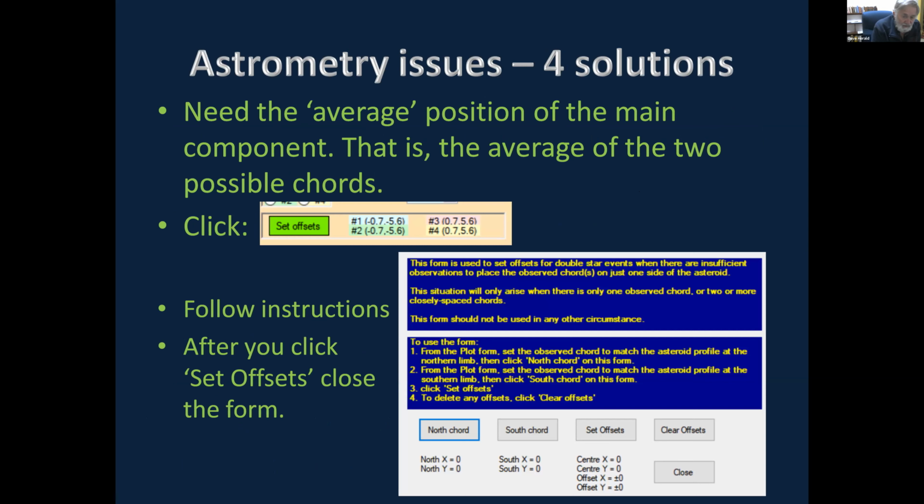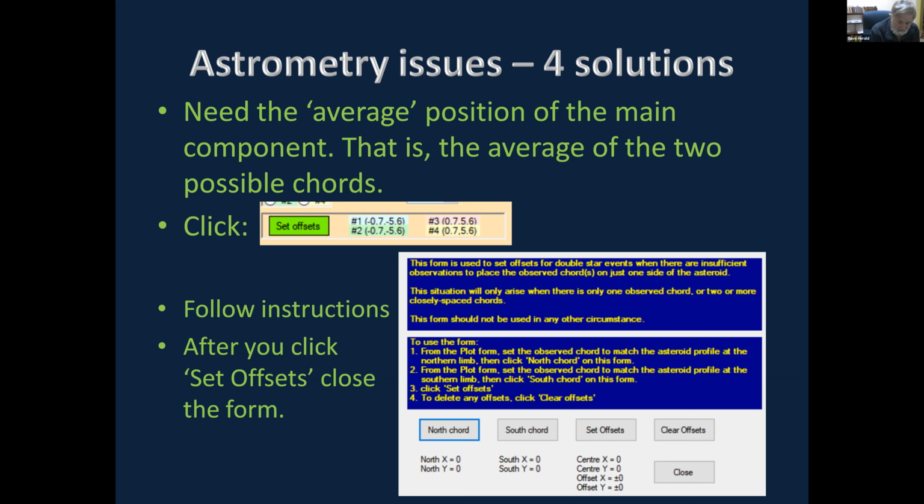Now, there's a real complication with the astrometry when you've got 4 solutions. We want to be able to position the asteroid relative to the Gaia position of the star. The problem is, when you've got 4 solutions, there are potentially 4 possible locations of the various components.